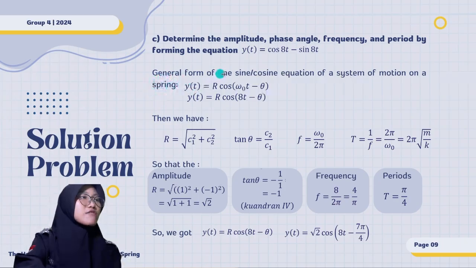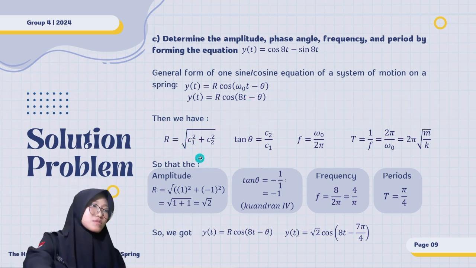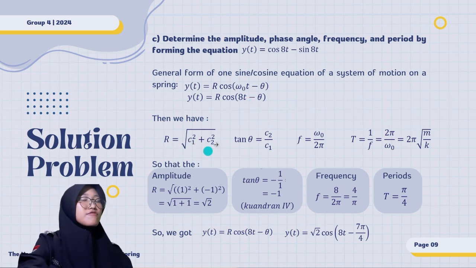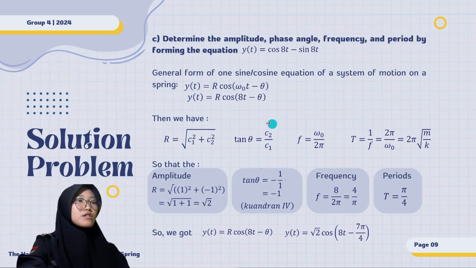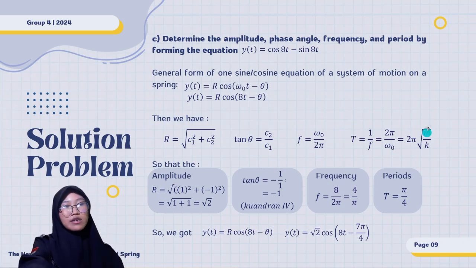We have this general form of one sine and cosine equation of a system of motion: y(t) = r cos(8t - theta), because omega 0 here is 8. This is the formula of r, then the formula of tan theta is c2 over c1, then the frequency formula, and then the period formula.